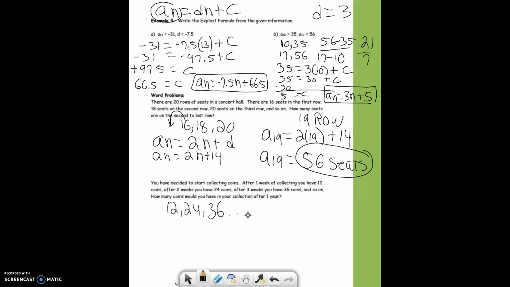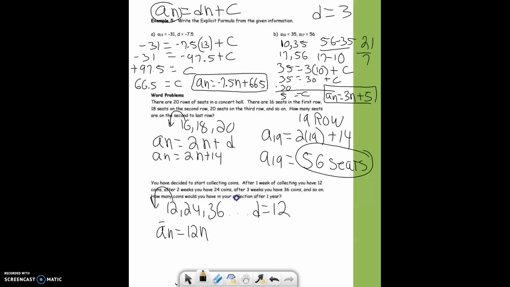So I am going to get the pattern going so you can see that the difference right away is we're going by 12s. So we're going to have 12n. Now, if we go back to the zero term, we didn't start off with any coins because we just started collecting. So it's really plus 0, which we do not need.